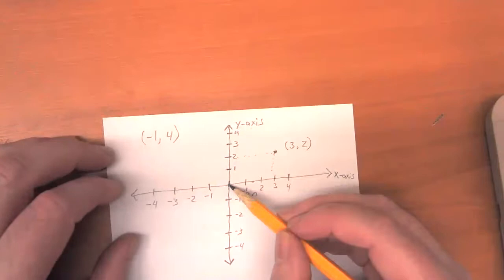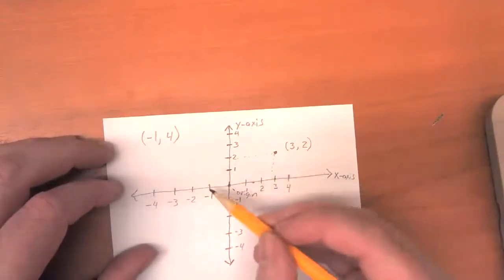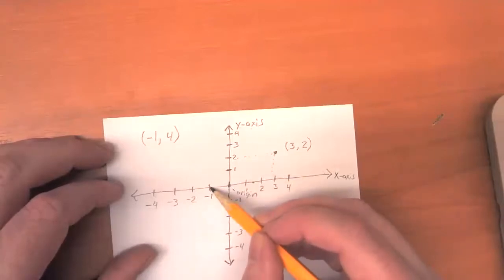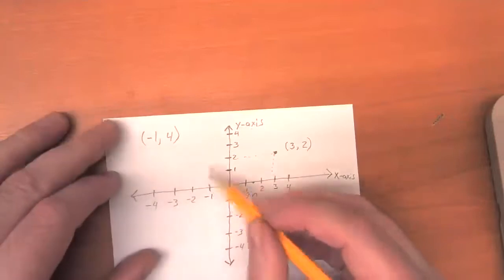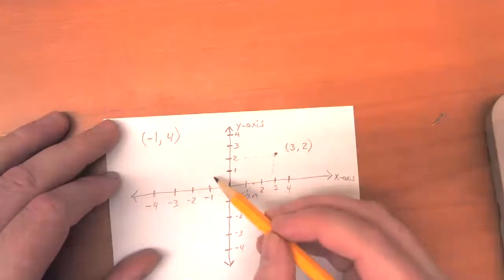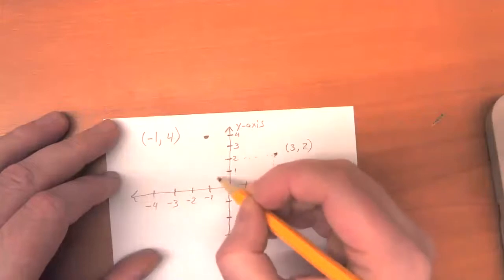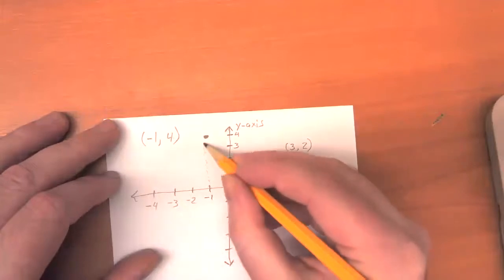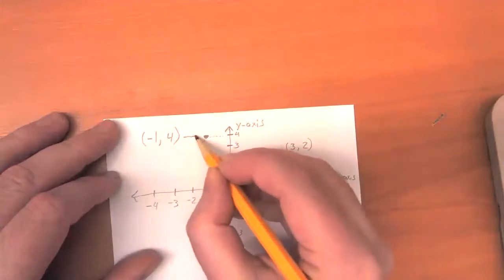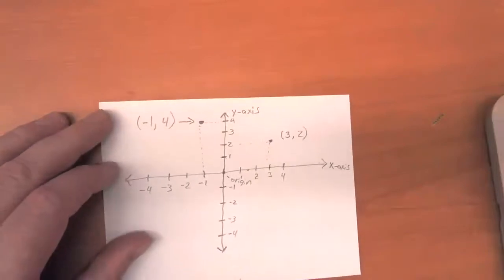So we need to find -1 on the original number line, the x-axis. And -1 is 1 point to the left of the origin. And then we need to move according to the number on the y-axis for the y-coordinate. So we need to go 4 points up. So where we have this intersection of -1 on the first number line and +4 on the second number line is where we find the point whose coordinates are -1, 4.